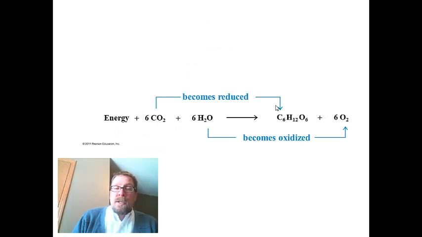And what you can see here is with the input of energy, because it is endergonic, you are anabolically producing a larger molecule. It does require energy. What you can see here is you are reducing the carbon dioxide to glucose, but you are oxidizing the water into oxygen in its basic sense. So it is, just like cell respiration, a redox reaction.